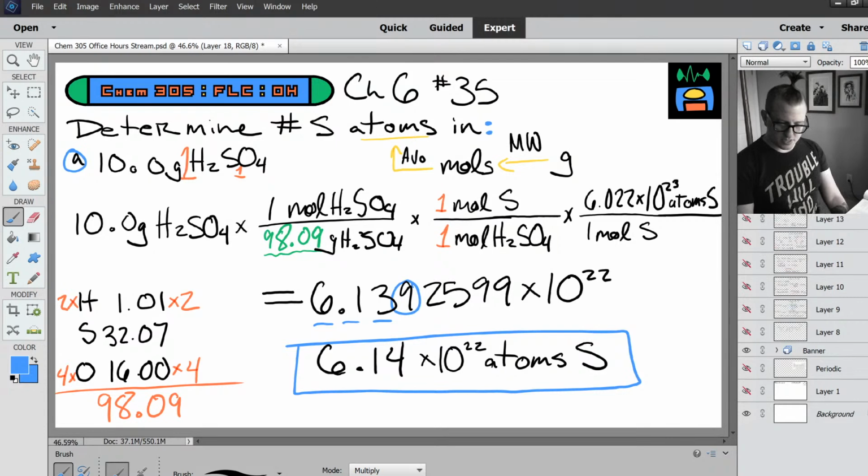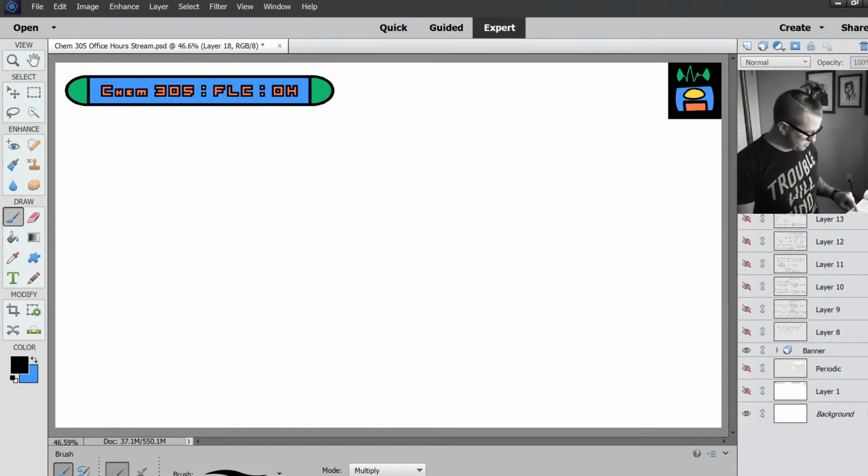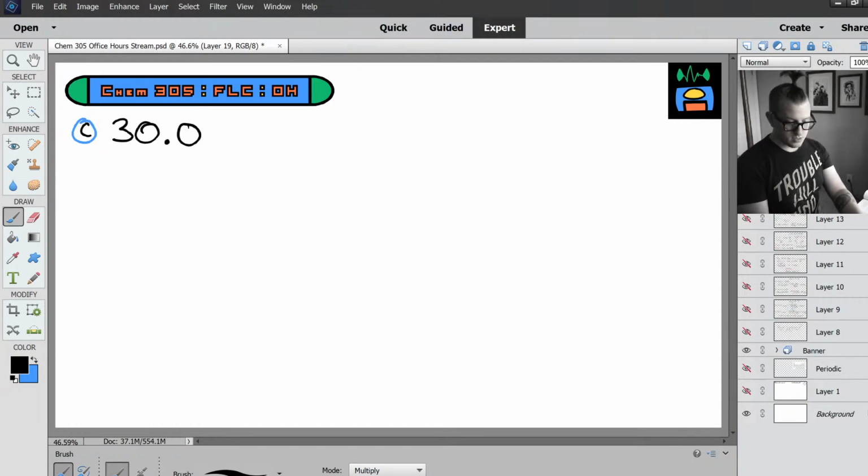All right, so that was part A. Let's do part C. All right, part C, same story, but we're starting with 30.0 grams of aluminum sulfide.